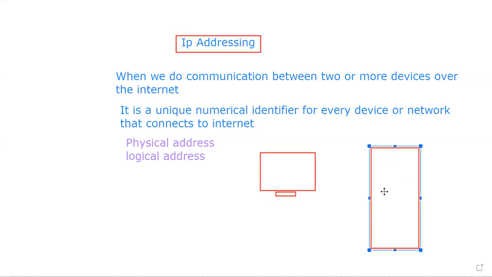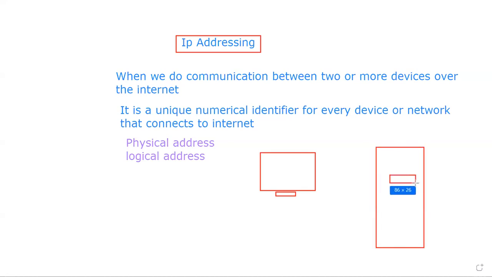This is our CPU, which has a slot of a LAN card. The LAN card has a unique address known as MAC address. This MAC address is our physical address.